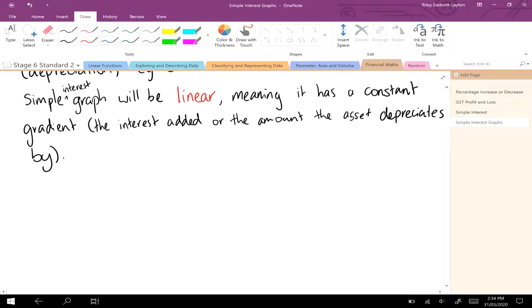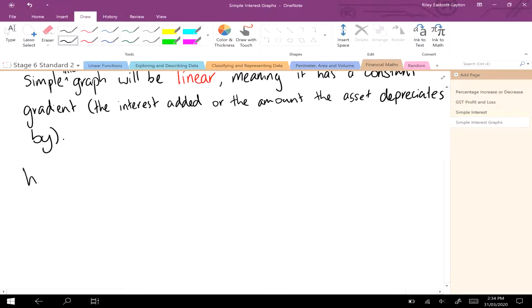I think we'll jump straight into an example. So this will be worked example 9.